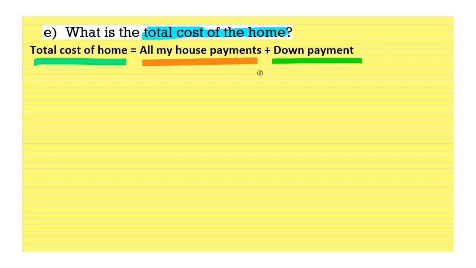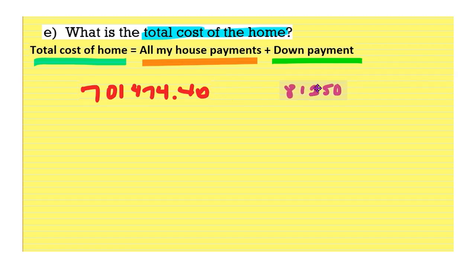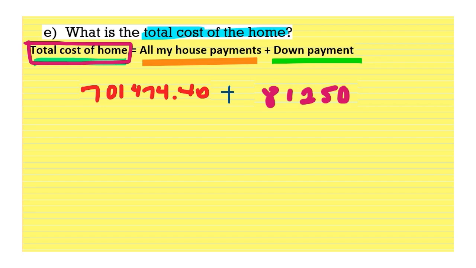So if you remember, all of my payments added up to $701,474.40. And going back even further in this video, my down payment originally was $81,250. So I'm going to add those two together. And when I do, they are going to give me the total cost of the home. We're looking for the total cost of the home.